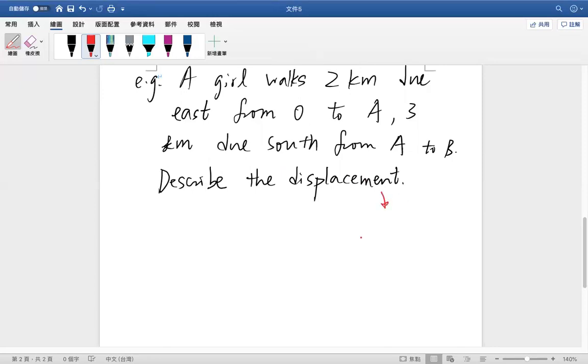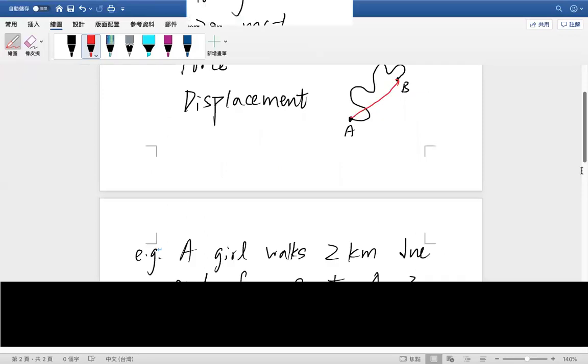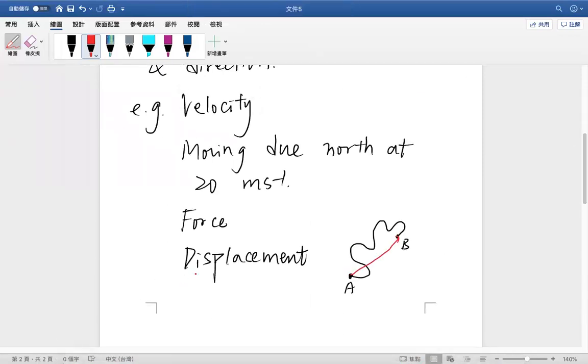I have a question. Yes. How would you answer this question? By describing, do you find the actual displacement? Yeah. So I would try to remember displacement is a vector.